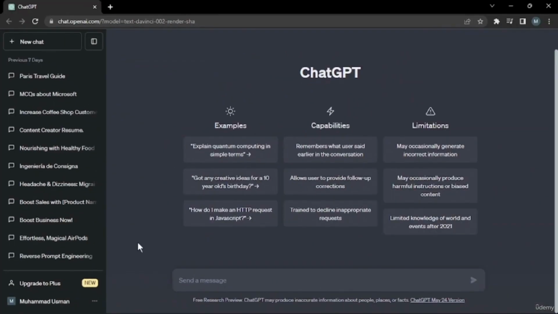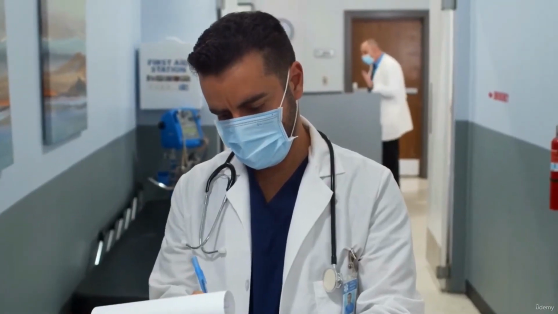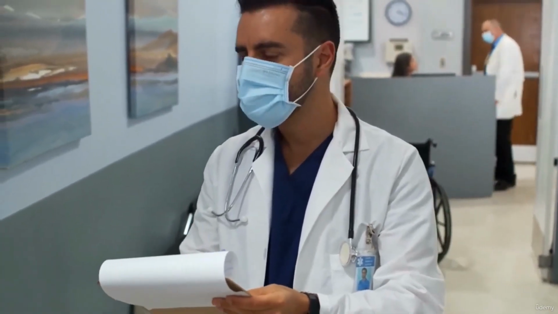Alright, so first of all, what kind of uses can we have in the field of medicine or in medical industries? There can be a variety of uses, right? First of all, we can use prompt engineering or AI for research purposes if you want to look up some disease or some medicine or any health related problems.